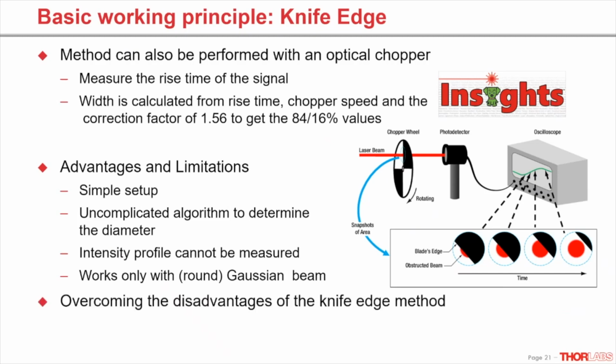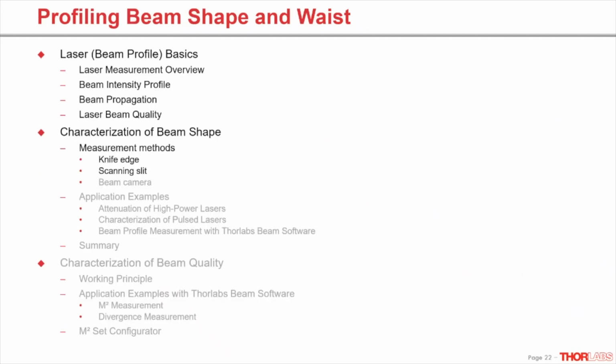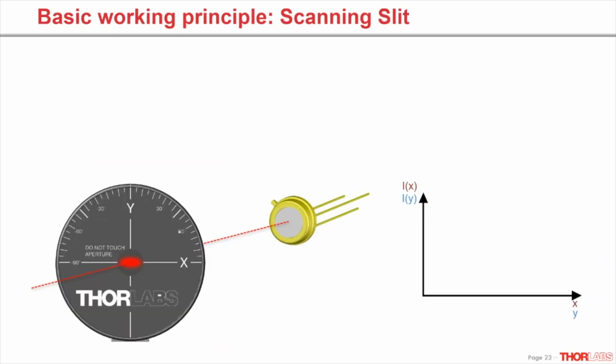To overcome this disadvantage, we will get to the more sophisticated scanning slit method, where the knife edge or chopper blade is replaced by slits in the micrometer slit width region. With that, we are coming to the scanning slit beam profilers.